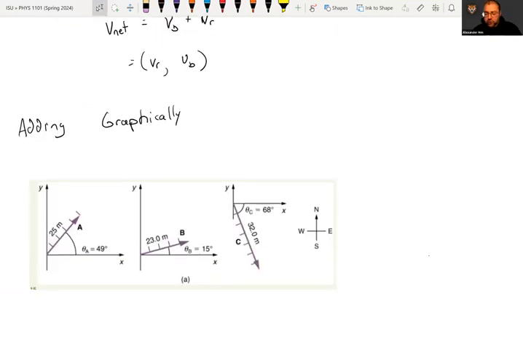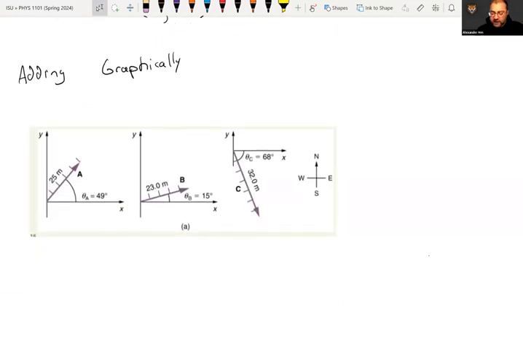Okay, so if we have three vectors that look like this, A, B, and C, and we wanted to add them all together, so we wanted to get A plus B plus C. Well, what we could do, this is the head to tail method. And I'll show you what we mean.